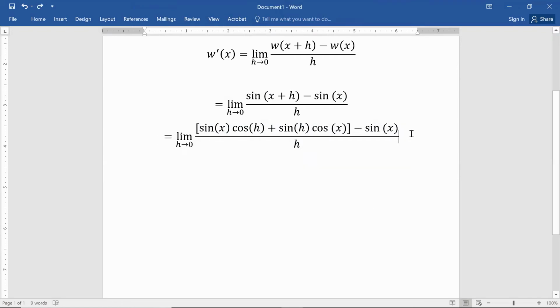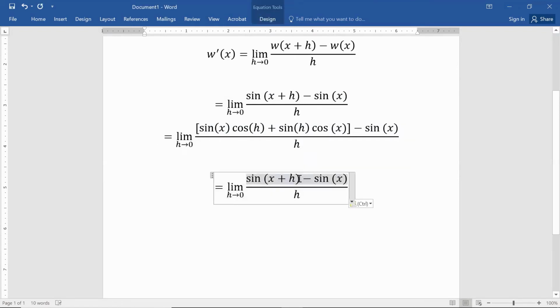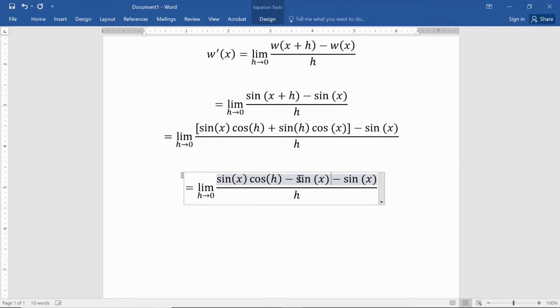We say we want sine of x cosine of h minus sine x, divided by h as one fraction. And then the other fraction is going to be sine h cosine x, all divided by h.